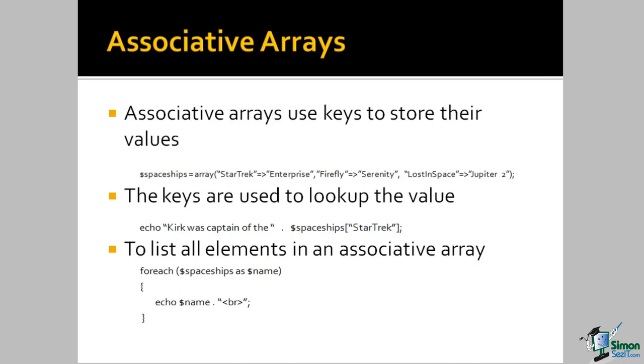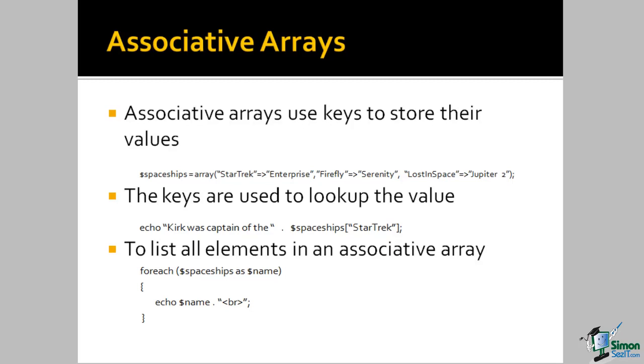So in this case, I have an array called spaceships, and the key in the array is the series name, and the lookup value is the name of the spaceship associated with that television series.